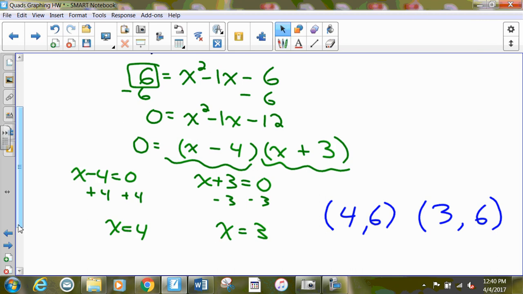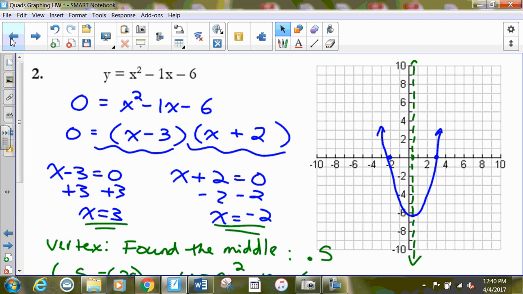So if you wanted to, we could go back and see if that looks reasonable for the graph that we just drew. Would 4, 6 and 3, 6... I'm sorry, I dropped my negative. That wouldn't make sense probably. Let's get that negative. So would 4, 6 and negative 3, 6 be on our graph? Let's go back and look. So 4, 6 would be right about there.